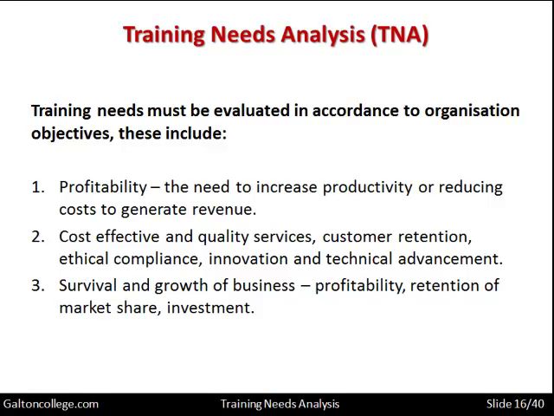Somehow all of the parts must be efficient, and there should be a critical analysis of the efficiency of the different components of the business to try to generate overall efficiency. And where there is a deficiency, then a training program may be put in place. Once the gap has been identified, a training program is put in place to bridge that gap.